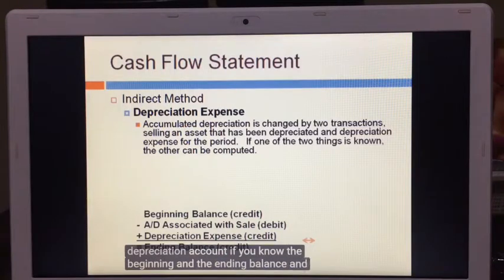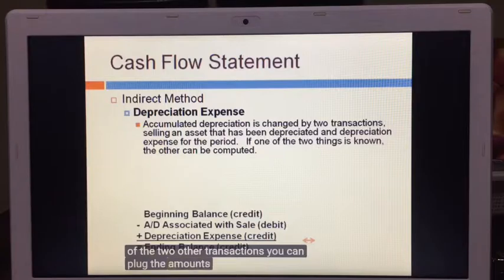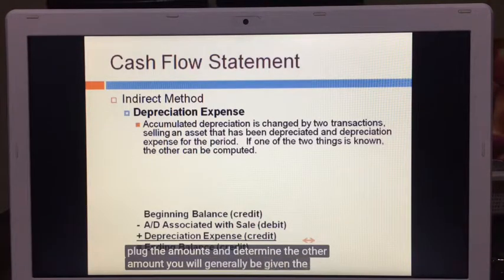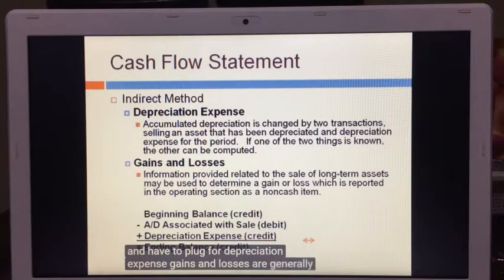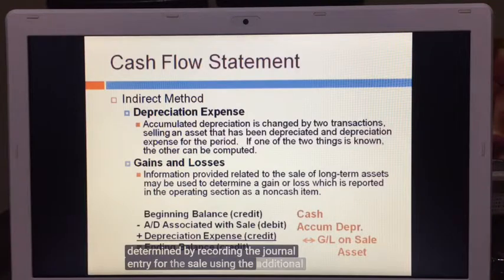If you know the beginning and the ending balance and one of the two transactions, you can plug the amounts and determine the other amount. You will generally be given the amount of accumulated depreciation, so you have to plug for depreciation expense. Gains and losses are generally determined by recording the journal entry for the sale using the additional information provided.